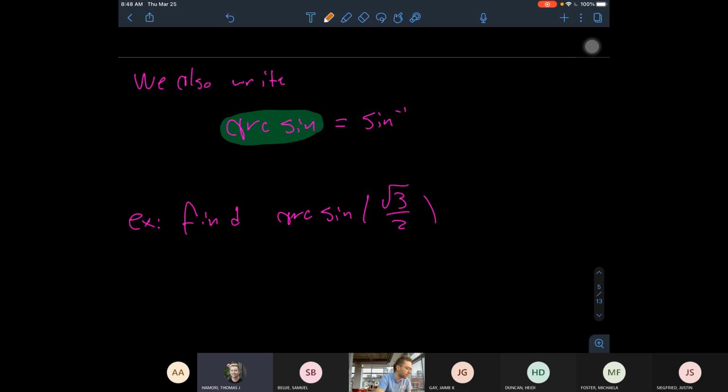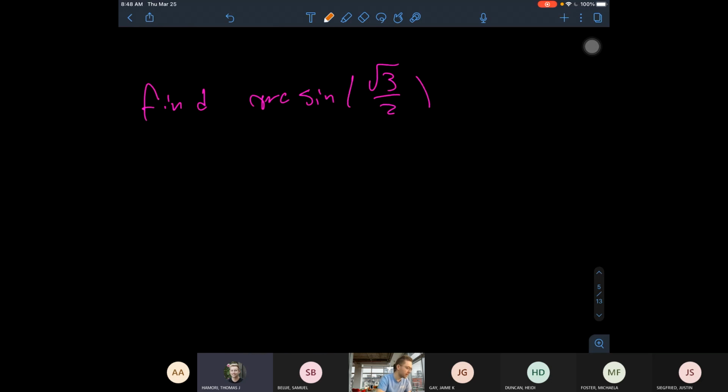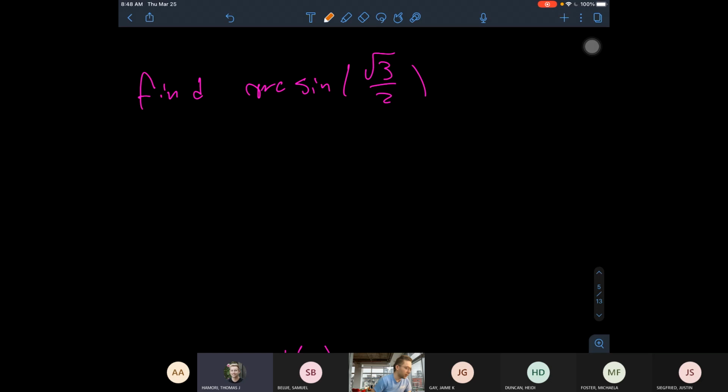Okay, so let's practice this one together. We want to find the arc sine of square root 3 over 2. So let me get some help from the students who are here today. How should I begin solving this problem?